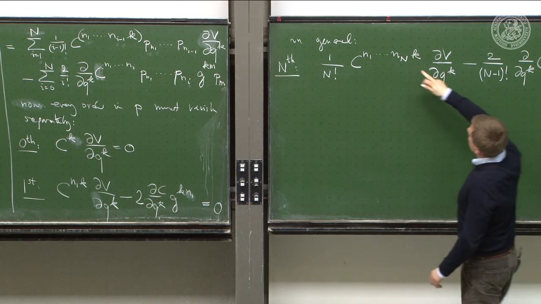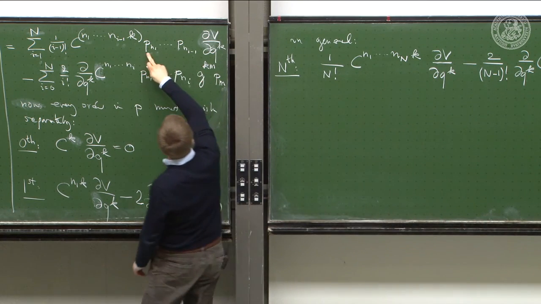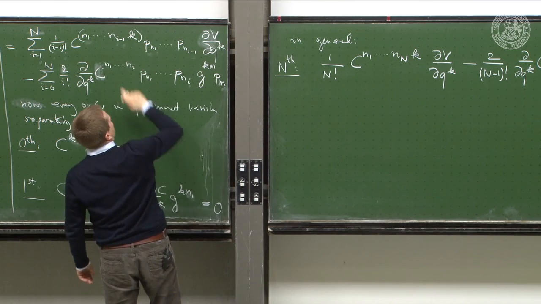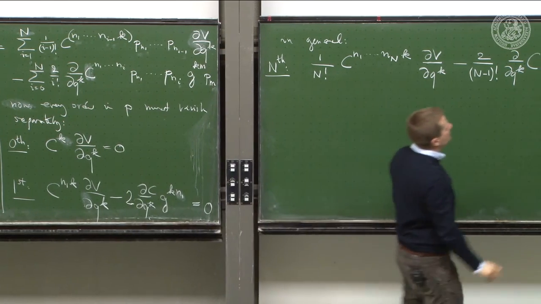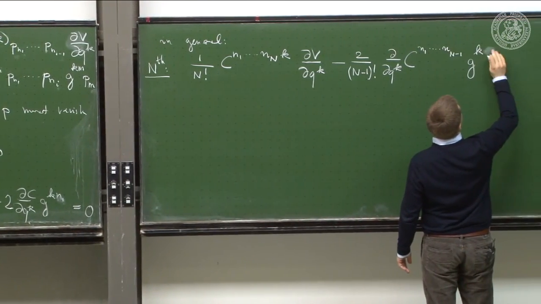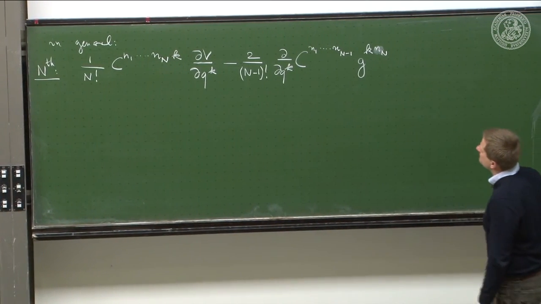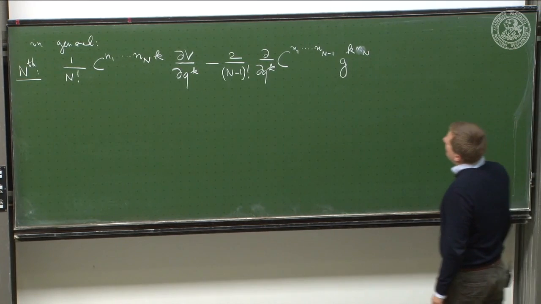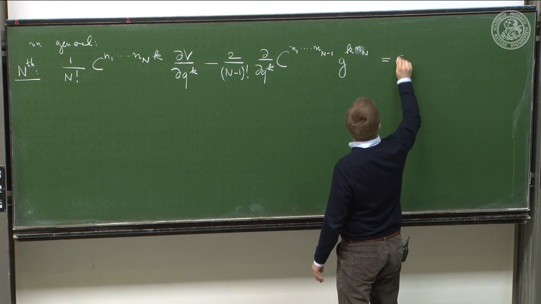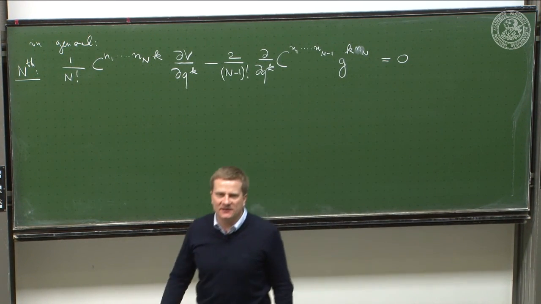But again, the P's here were all in this order n. This last one I need to bring into that same order, so I call this capital N. Equals 0, and at this point we would have made a mistake.